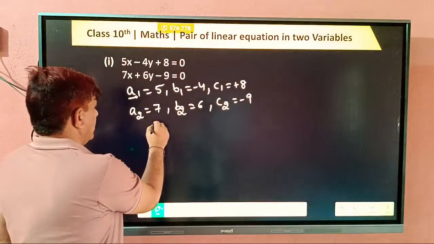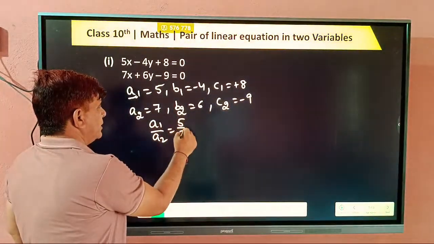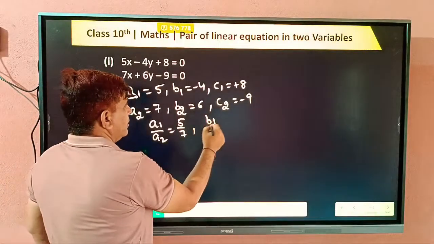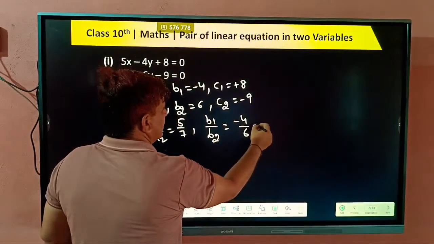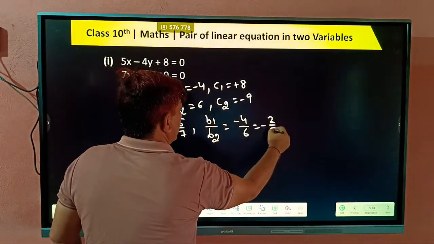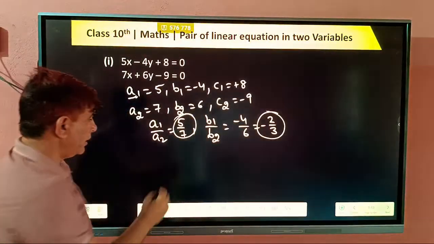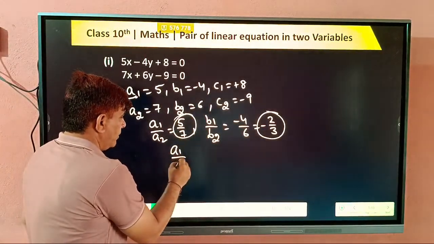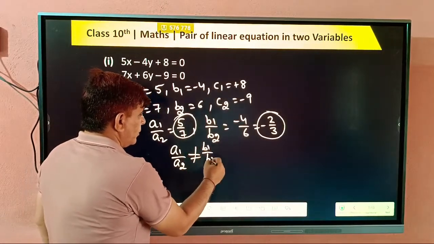Again compare. A1 by A2 is equal to 5 by 7. B1 by B2, what? -4 by 6, which means -2 by 3. Are these equal? Not equal. So directly write A1 by A2 is not equal to B1 by B2.